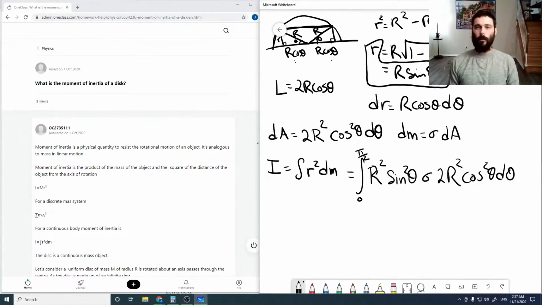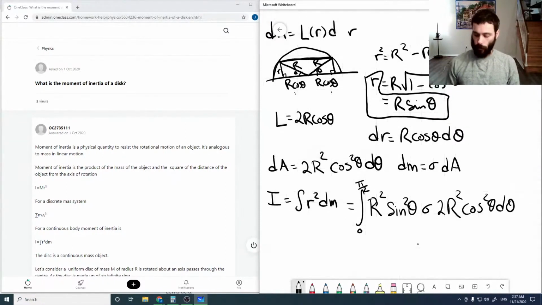Right, so 0 would be it pointing along the arm, and then pi over 2 would be straight up. And remember, I've already doubled the length.